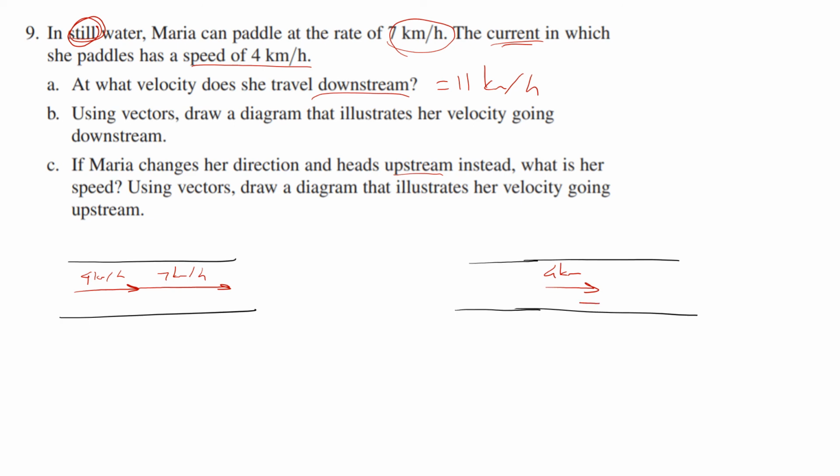What happens is it's in the opposite direction. So 7 kilometers per hour. The resultant would be starting from over here and going up to here. So this would be my resultant. As a result, all I need to do is say 7 minus 4, which will give me the value of 3. So 3 kilometers per hour is my answer.